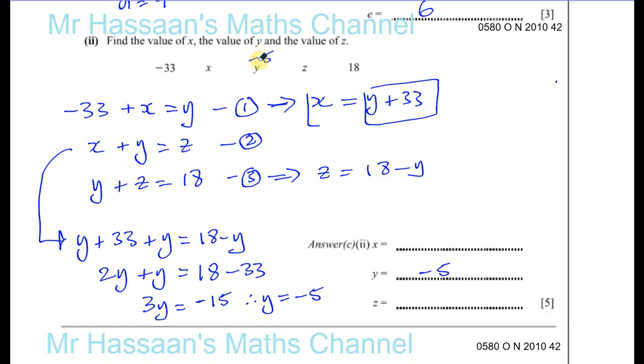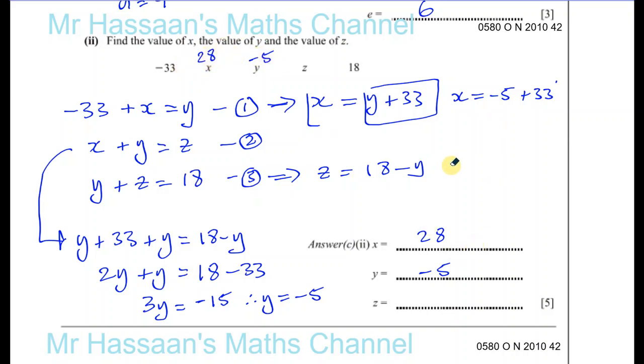Now I can work out what x and z are, using these equations. If I know y is minus 5, I can find x from here. I know that x is going to be minus 5 plus 33, which is 28. So x is 28, and we can now see if this works. Minus 33 plus 28 is minus 5. That's correct.